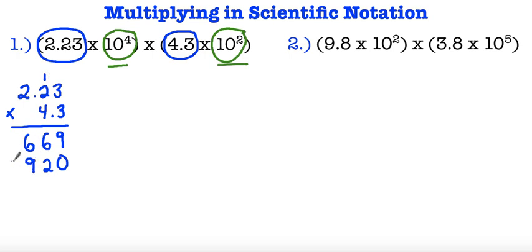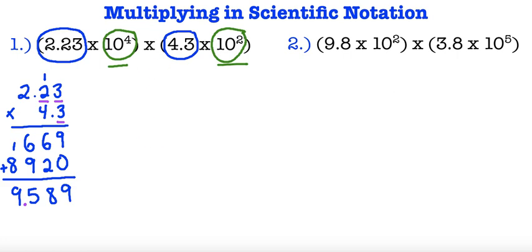And then 4 times 2 is 8. I'm going to add these up. And here, since I have 3 digits in total after the decimals, I'm going to move my decimal here.